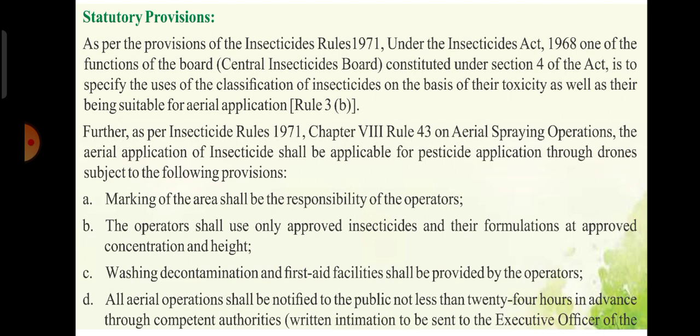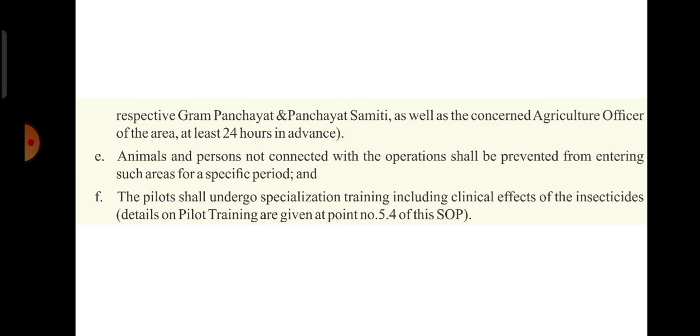All aerial operations shall be notified to the public not less than 24 hours in advance through competent authorities with written information to the executive officer of the area or respective Gram Panchayat and Panchayat Samiti as well as the concerned agriculture officer of the area at least 24 hours in advance.